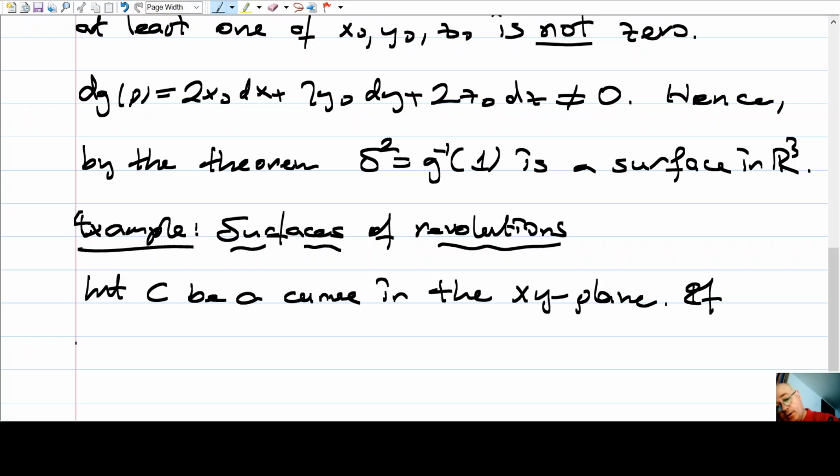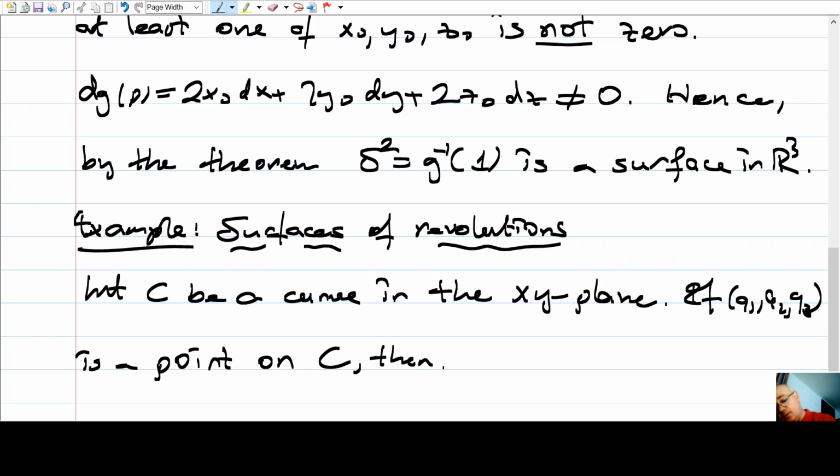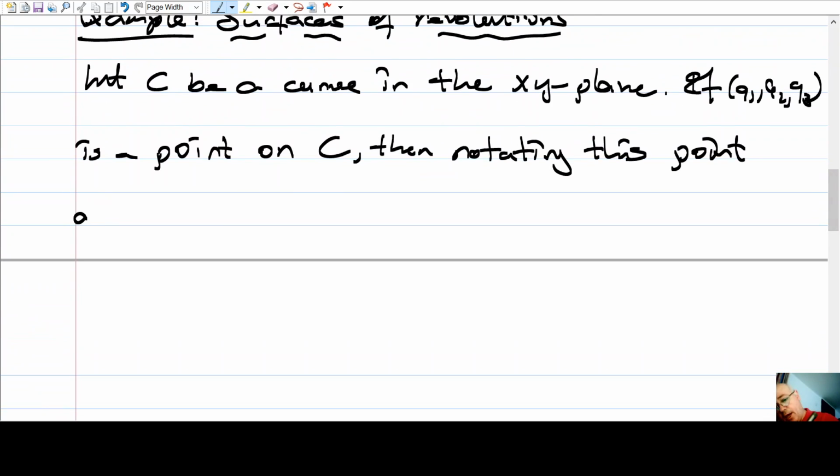If Q1, Q2, Q3 is a point on C, then rotating this point about the x-axis, we obtain the curve.